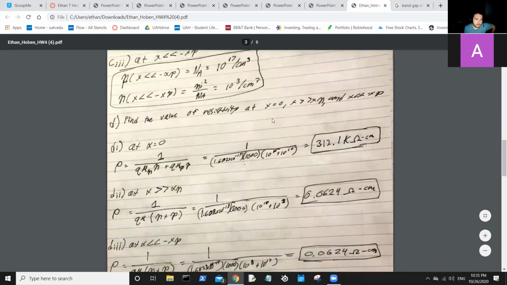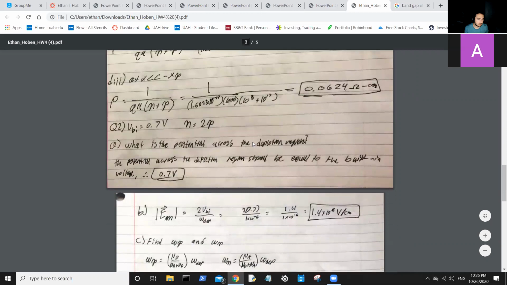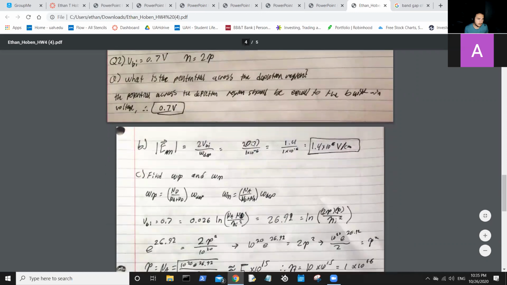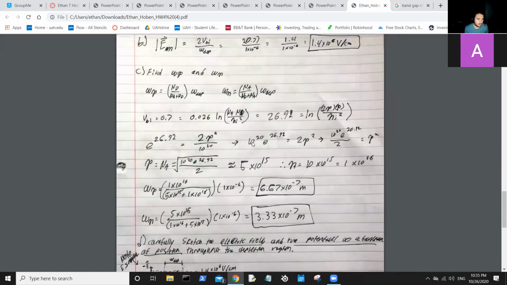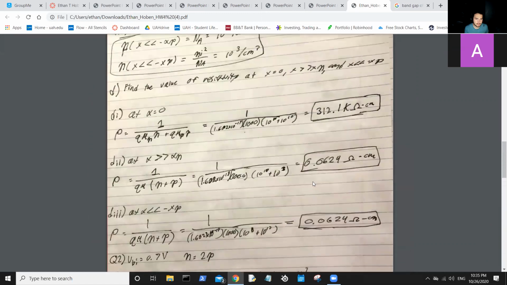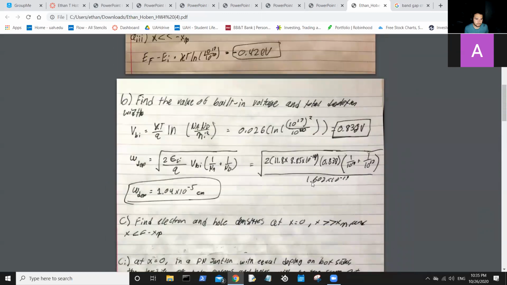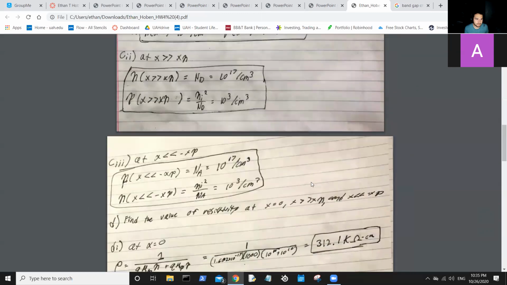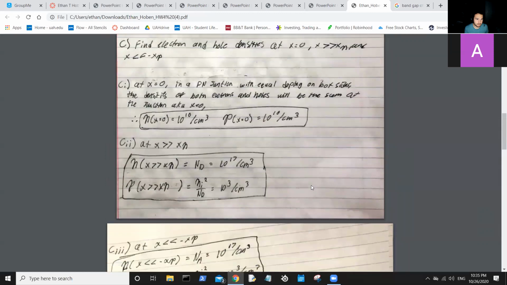Find the value of resistivity at x equals 0, which is the junction point. At x greater than, like, just all the way on the n side and all the way on the p side. We never solved for resistivity. Wait, let me see if that was a non-symmetric one though.